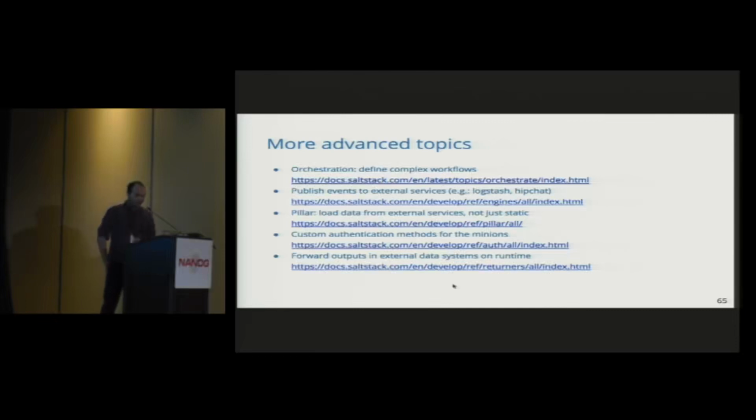Other topic are the returners. We saw on the CLI you can put --out and it will display your data in JSON, YAML, and any other format. But this is on the CLI, it is just visual. If you want your system, when a command is executed, to forward the raw output to an external service, you can use these returners.